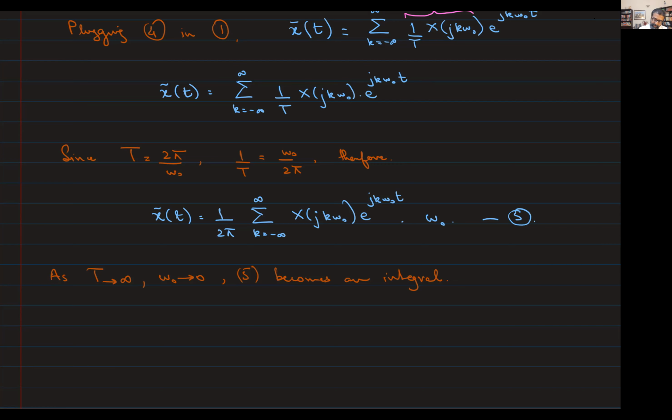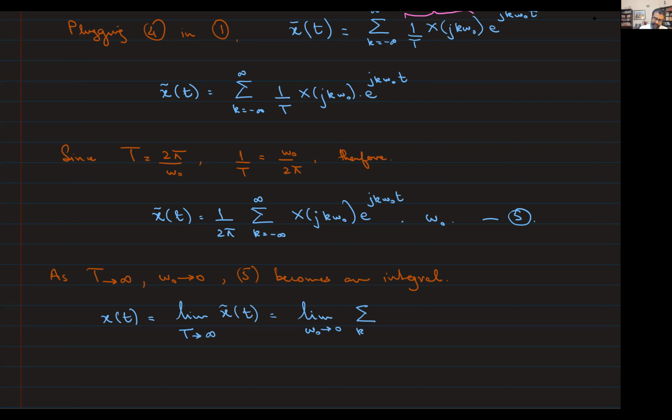And what we have is that x of t, which is actually equal to limit capital D going to infinity of x tilde of t, which is equal to limit omega naught going to 0 of what?